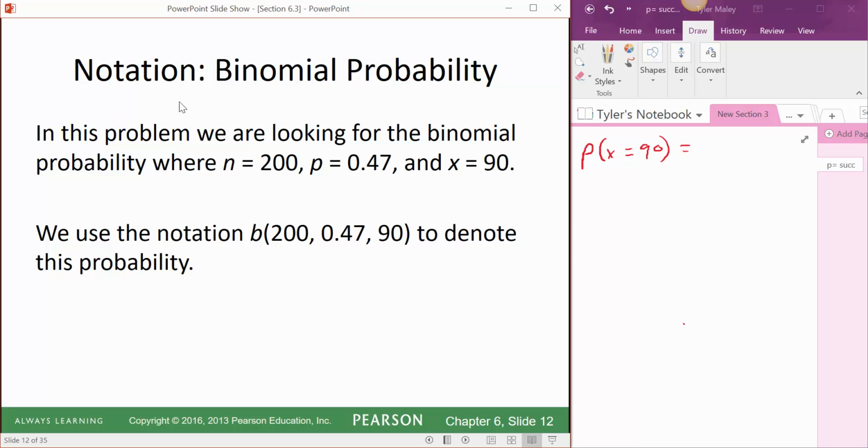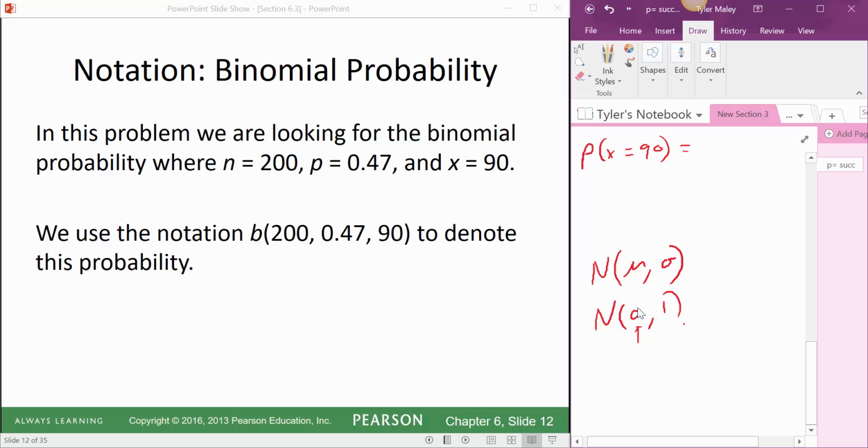So some notation with this. In this problem, we're looking for a binomial probability where n is 200, p is 0.47, and x is 90. To denote this, we use this notation, right? Remember before with normal distributions, we used N, and then mu, the mean, and then standard deviation. So if we had N of 0, 1, that was a normal distribution.